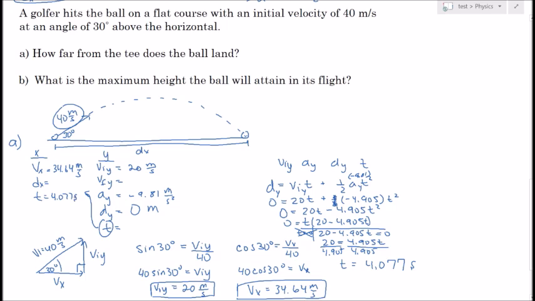And then after that, this is pretty straightforward. We now know the time. We've transposed it to both the x and the y. I would say, okay, now dx is just the vxt. So dx is going to be 34.64 Vx, and then the t is 4.077.